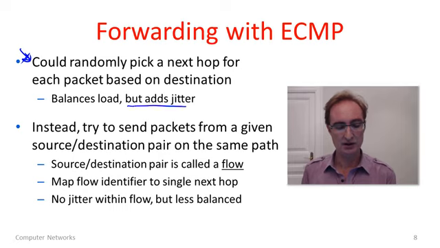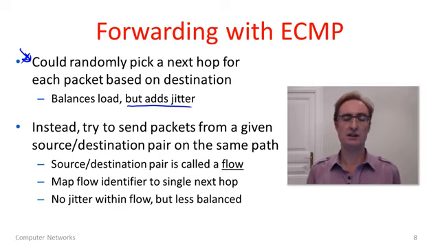However, it adds jitter. Now what I mean by this is that the different packets going from a given source to a given destination might experience quite different delays through the network. For instance, maybe if you send packets 1, 2, 3, 4, at a particular node, 1 and 3 and 4 will all take a certain choice, which is a shorter path physically, and in terms of seconds, I mean, the cost is going to be the same.